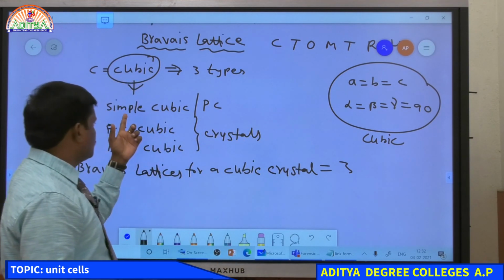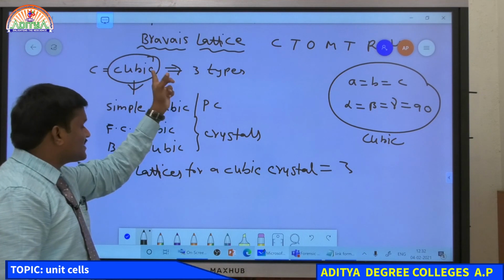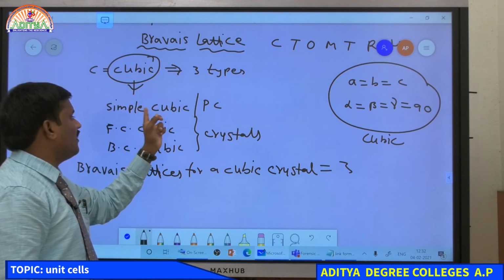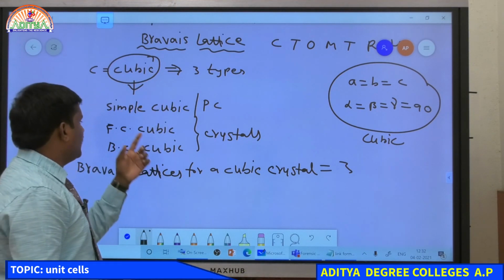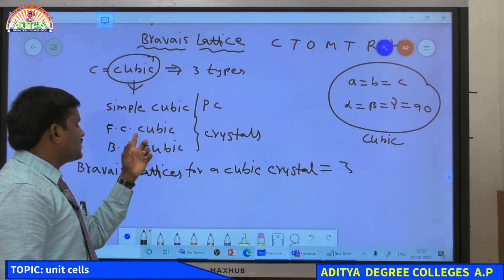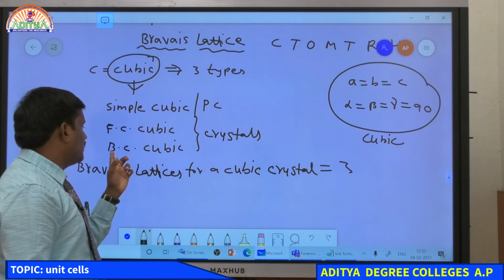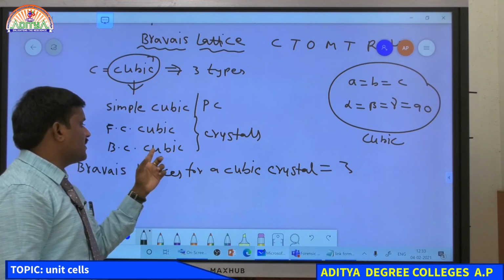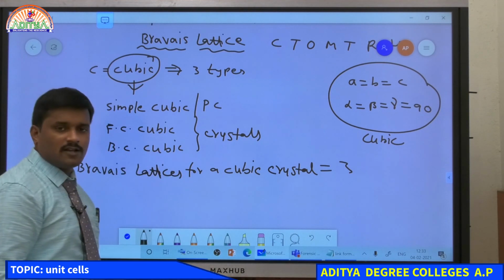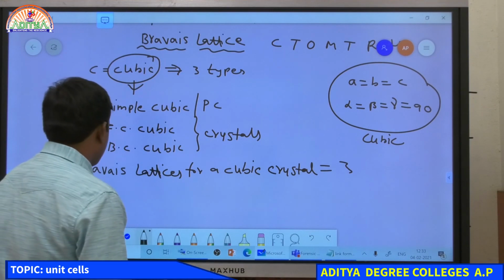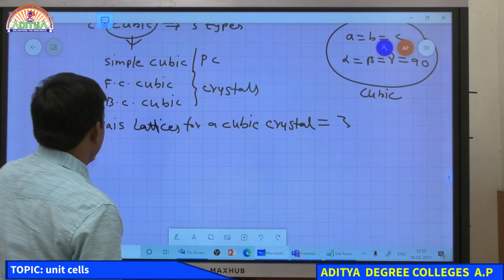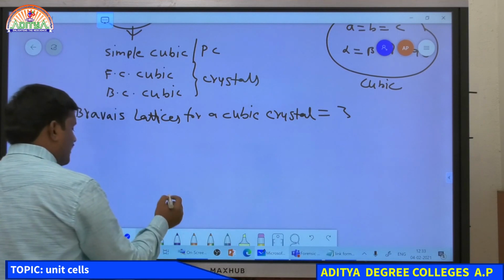In the first one, simple cubic, the points are arranged at all corners. In face centered, points are arranged at corners as well as the center of the face. And in BCC, points are arranged at all corners and also the center of the body. Therefore, for a cubic crystal, there are 3 Bravais lattices.